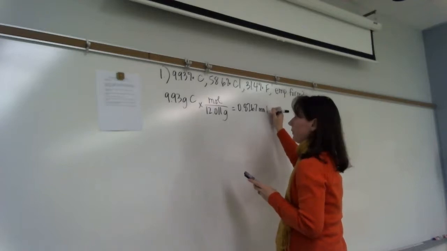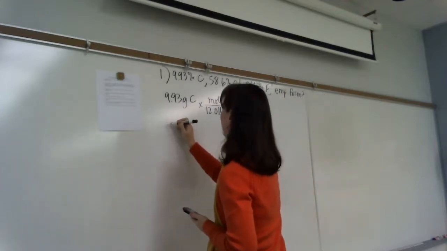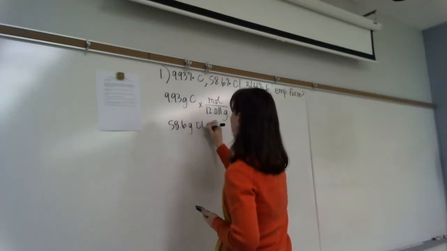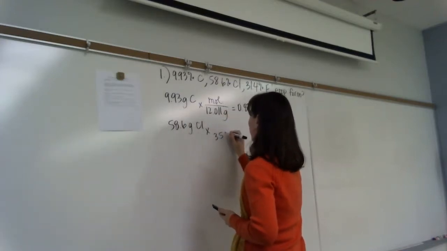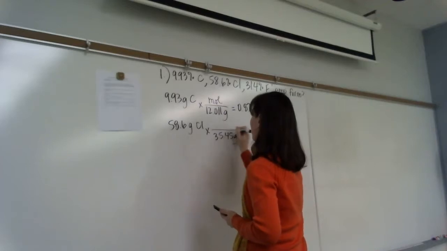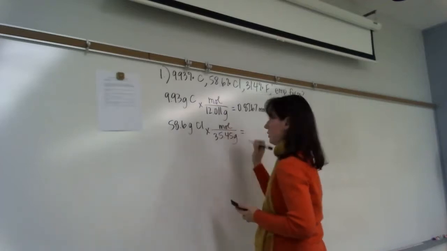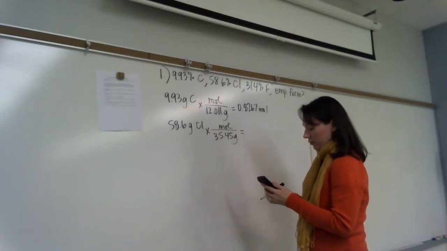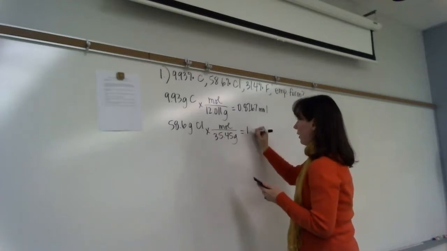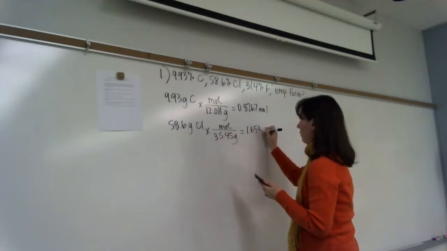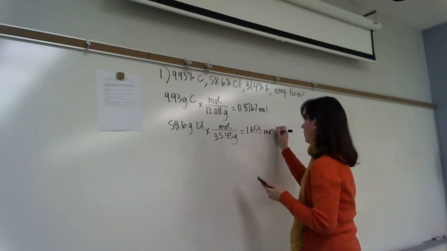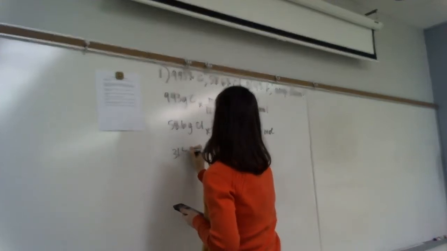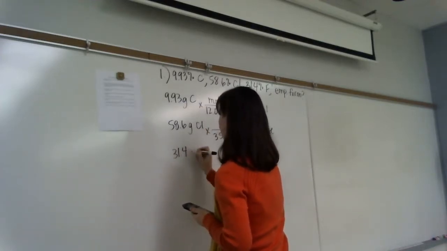0.8267 moles. Now we take chlorine, which is 58.6 grams, at 35.45 grams per mole. So that gives me 58.6 divided by 35.45, 1.653 moles, and 31.4%, it's now grams.